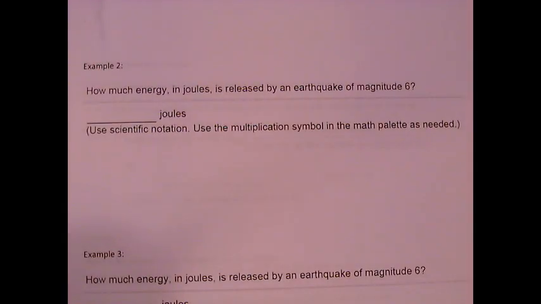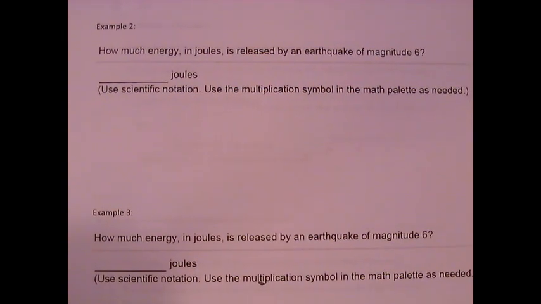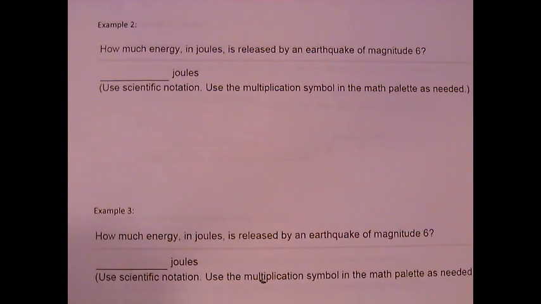Alright, now let's look at this example. Now we're going to find out how much energy in joules is released by an earthquake with a magnitude of 6. And we have to give the answer in what they call scientific notation, using the multiplication symbol in the math palette in your MyMathLab homework as needed.